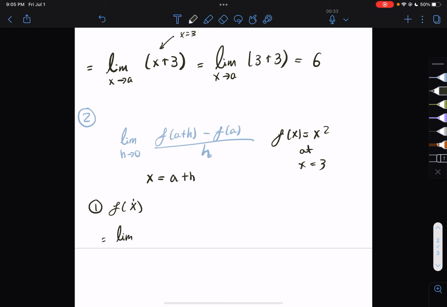Writing this equation. Now we know a, right? a is going to be 3. So this is going to be 3 plus h squared minus 3 squared, over h.